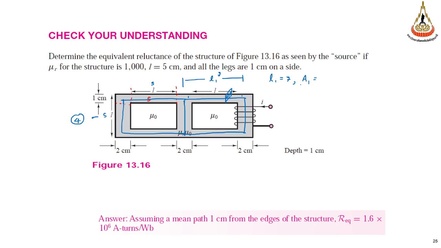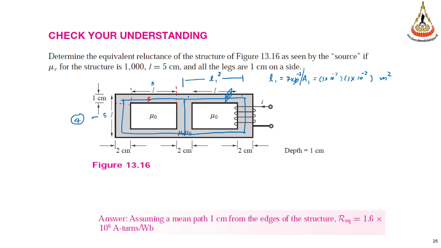So in the unit of meter, L is 7 times 10 to the power minus 2, and A would be 1 times 10 to the power minus 2 by 1 times 10 to the power minus 2, squared. Here this is L and A is there.